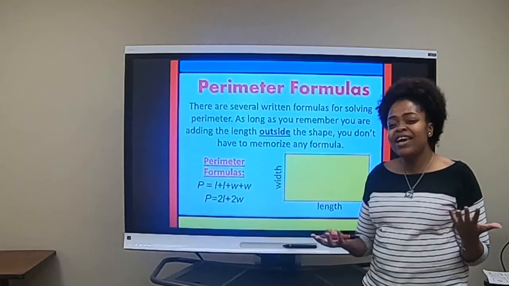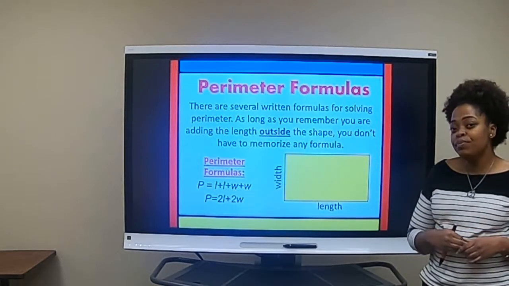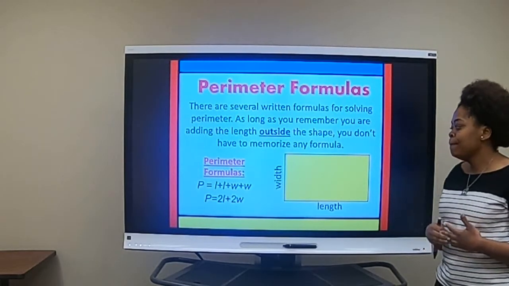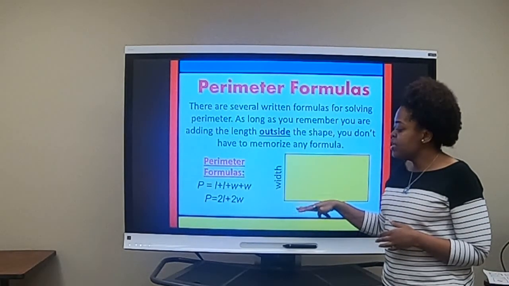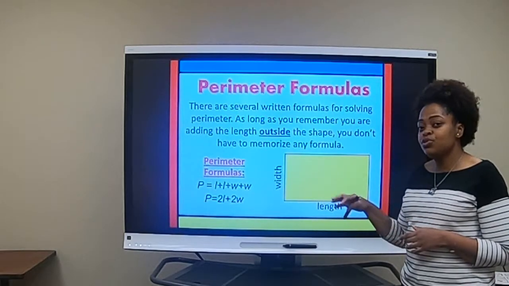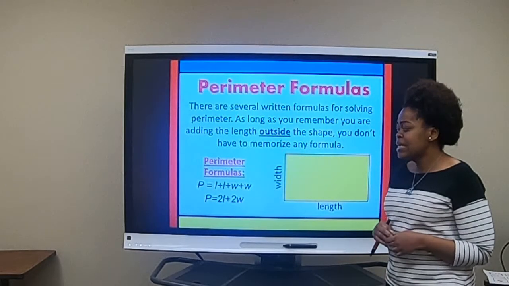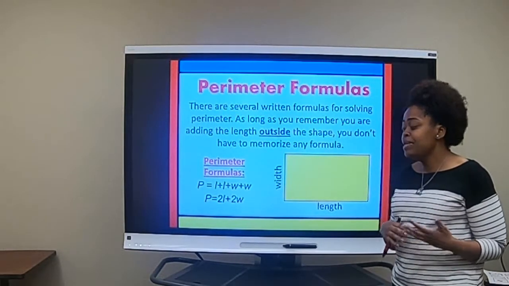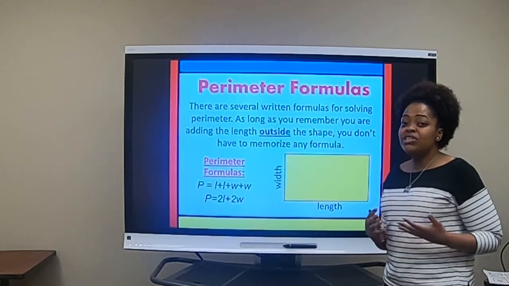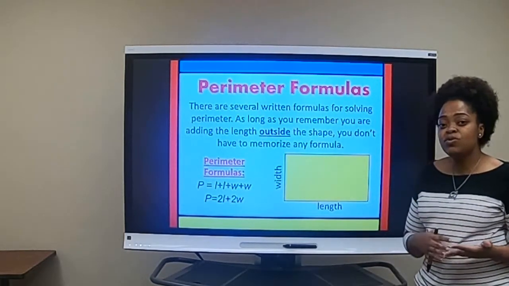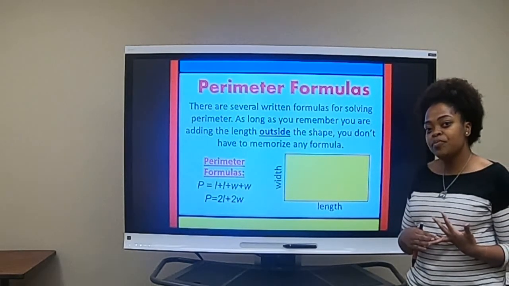Now, just like area, sometimes you have to use a formula to find your perimeter. In this case, we see that we have two different formulas. One of the formulas is P equals L plus W plus W, which simply means perimeter is equal to length plus width plus width.